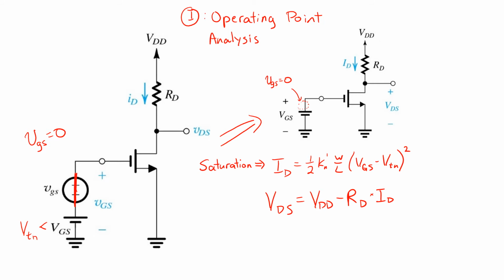And the second thing to make sure is that the drain source voltage exceeds the overdrive voltage, that is VGS minus VTN. As long as those two are true, then our original assumption that the transistor's in saturation is valid, and we've then found the DC operating point. We found the drain current ID and all uppercase VDS.